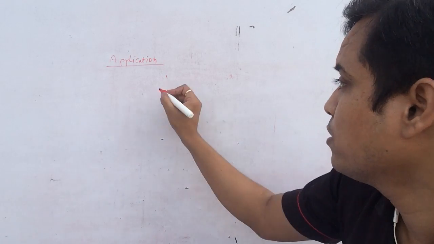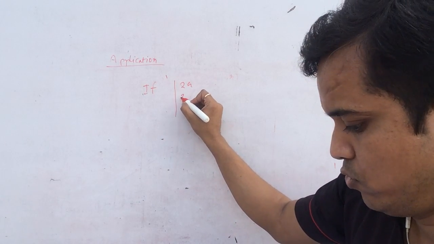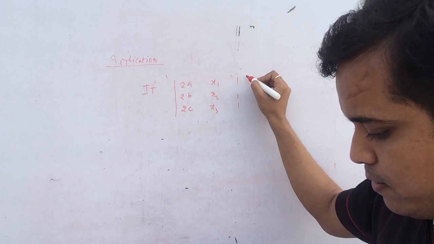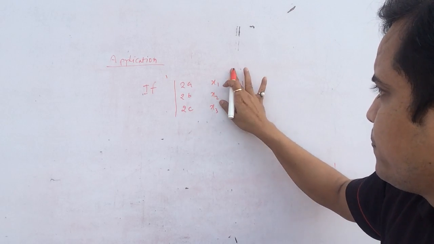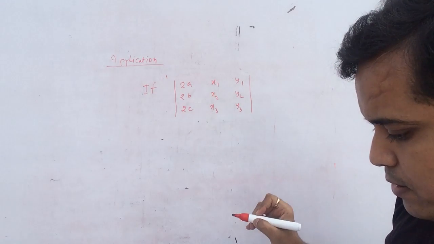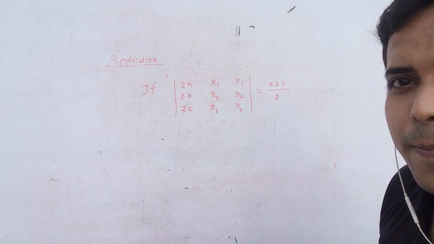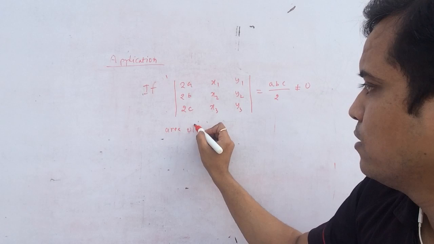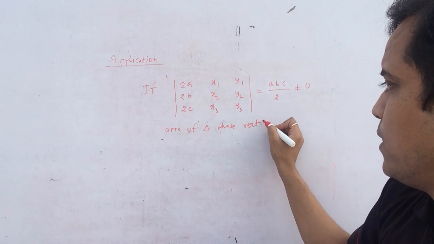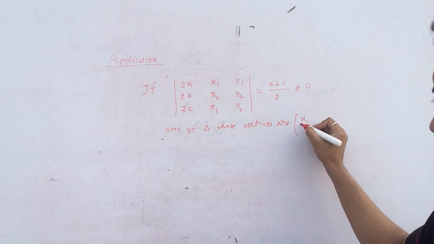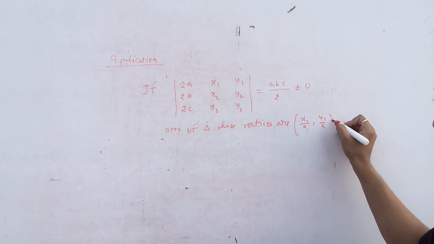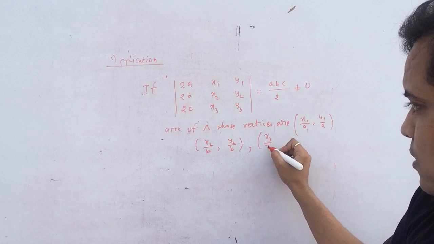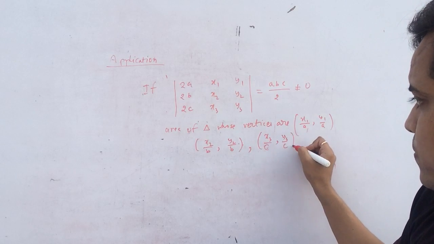Here we have the question: if the determinant with rows 2a 2b 2c, x1 x2 x3, y1 y2 y3 is equal to abc upon 2, and it is not equal to 0, then find the area of triangle whose vertices are x1 upon a comma y1 upon a, x2 upon b comma y2 upon b, x3 upon c comma y3 upon c. This is the question.